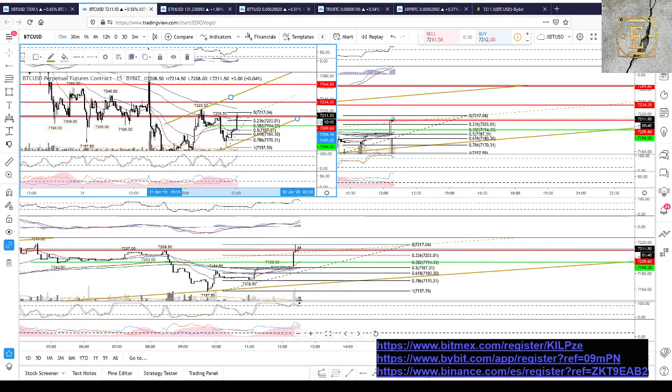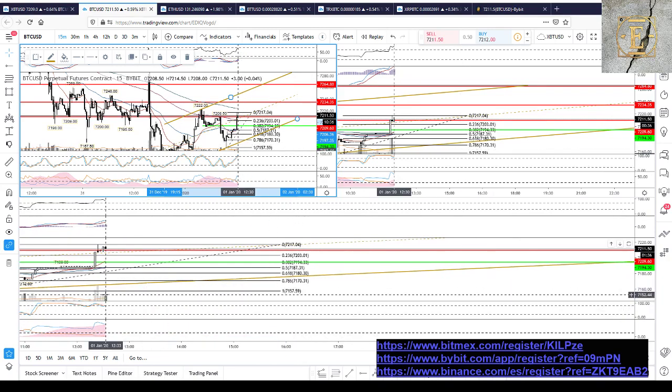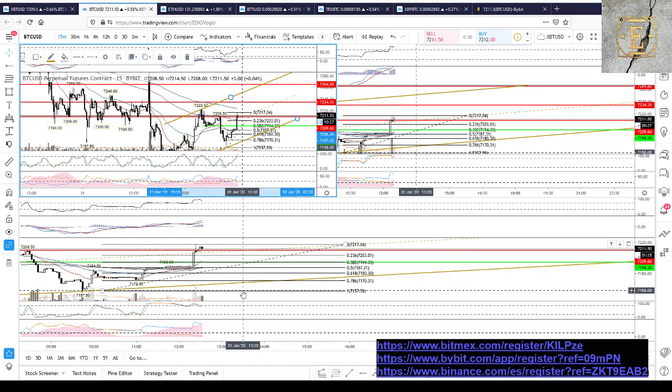Okay, volume is growing here. That's 1.5 minutes and it's growing faster than this one. So this is going good for the bears at this moment.